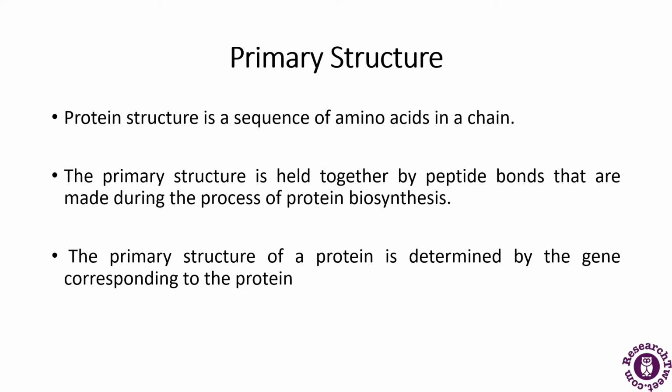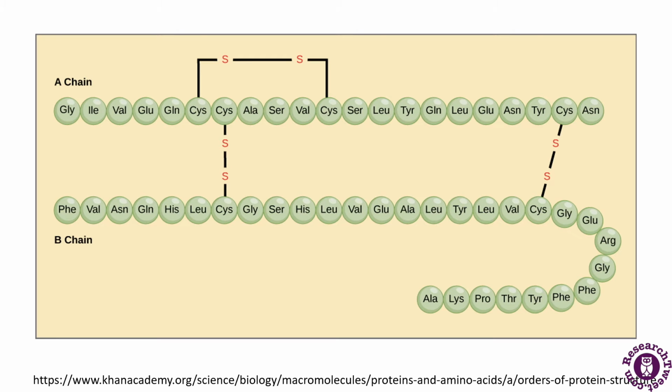If we look in more detail, the example here is the hormone insulin. It has two polypeptide chains, A and B. This is the example of the insulin chain. There are two chains depicted here, the A chain and the B chain. Each chain has its own set of amino acids assembled in a particular order.